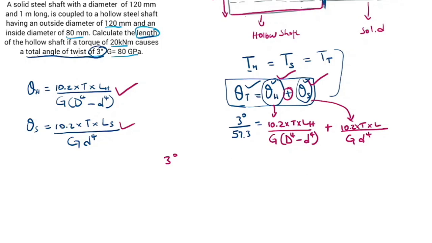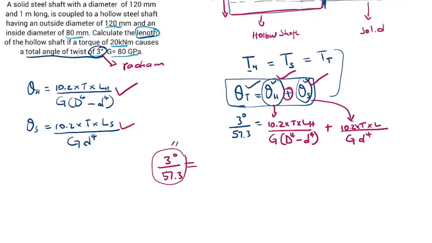It is 3 over 57.3. This is to convert this degrees to radians. It's a conversion part.